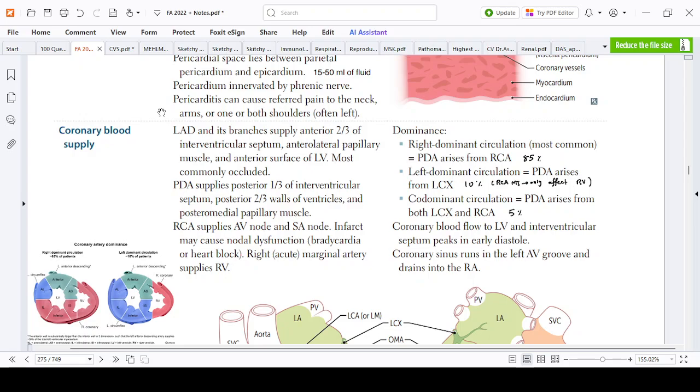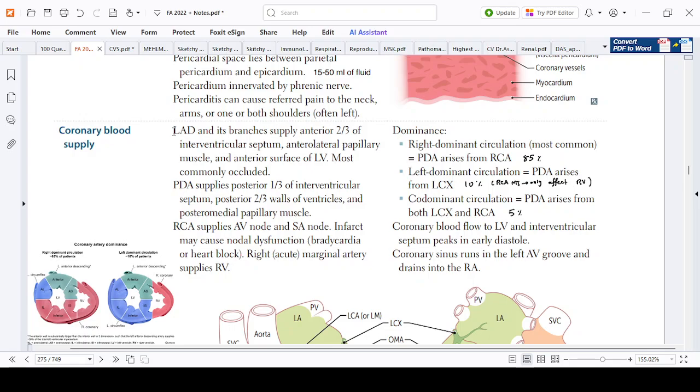Most commonly, the occluded vessel is the left anterior descending artery. We know that the anterior and lateral blood flow of the left ventricle is by the left anterior descending artery and the left circumflex artery.